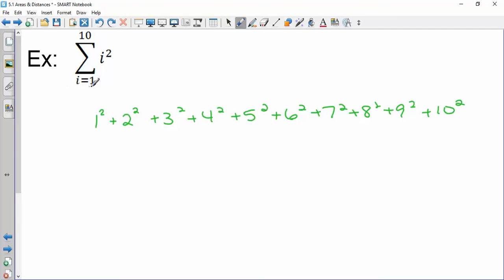So this basically gives you the first and last number you plug in, and then you do every integer in between. Okay? So if we plug those in, what do we get for our sum? $385.